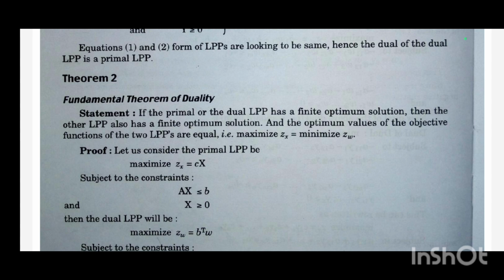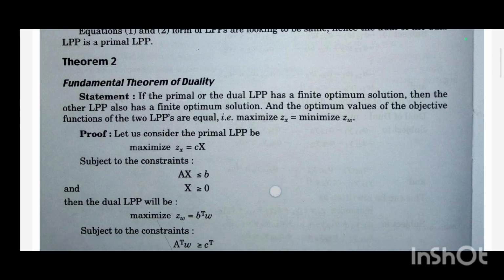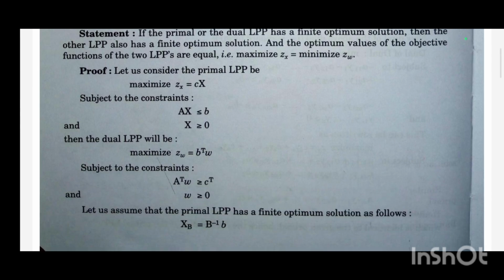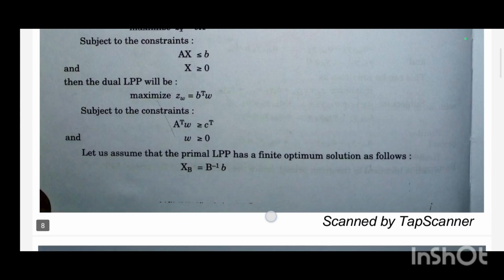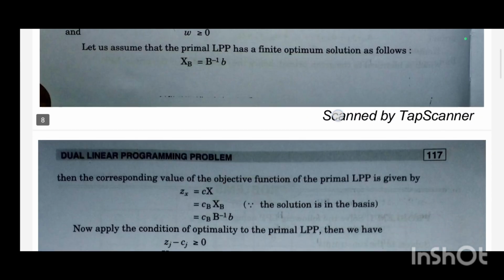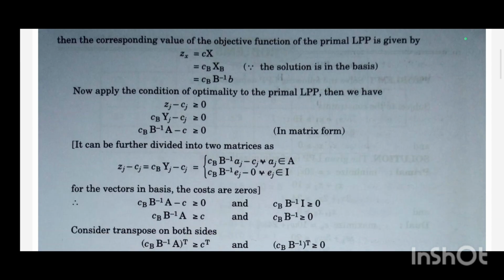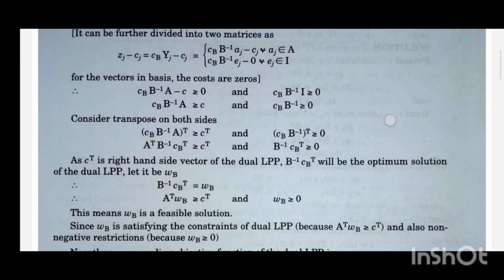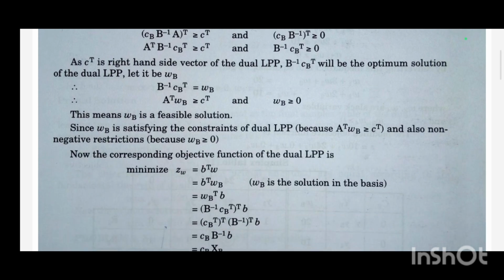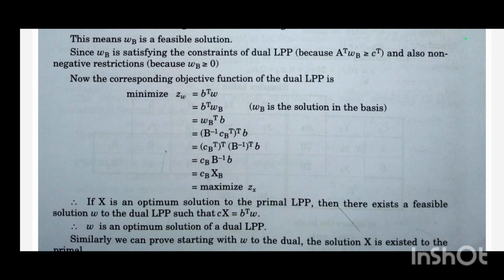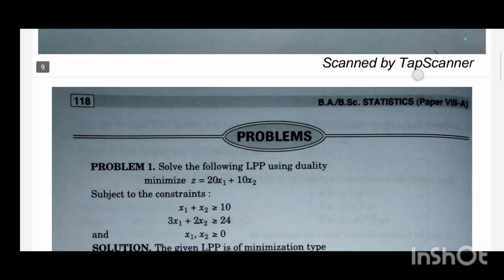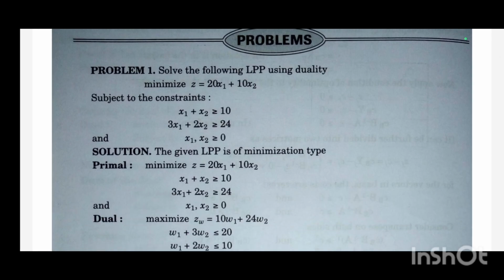So max z equals the min z value. A very important fundamental theorem of duality, as you can see the proof also. These are the cases. Just see the problems on the duality concept.